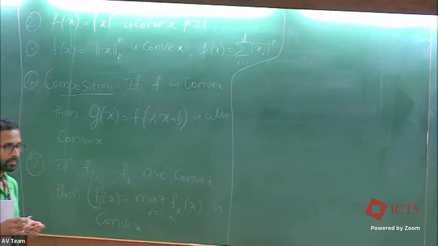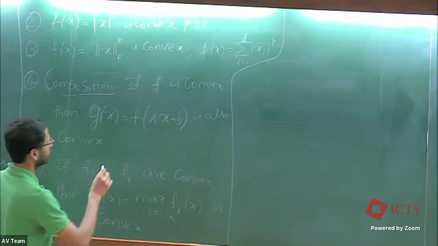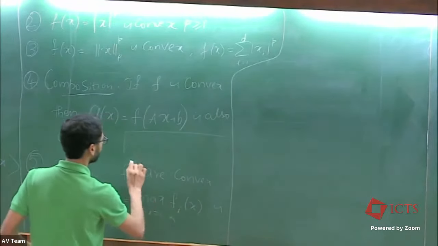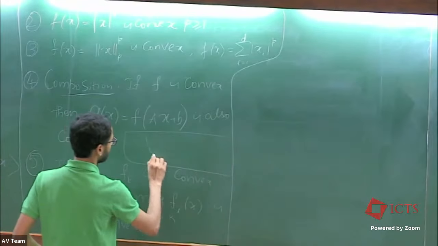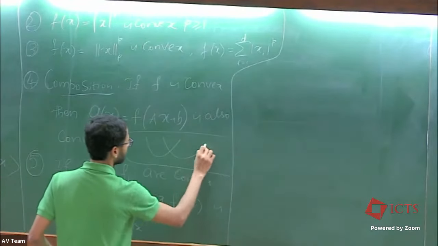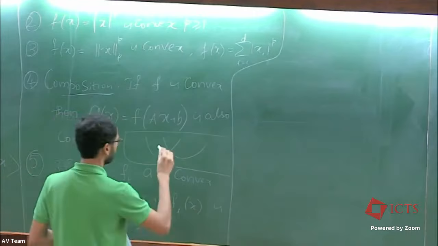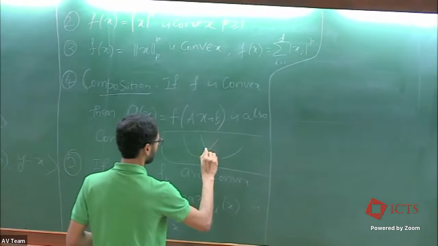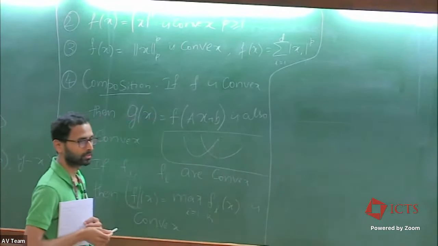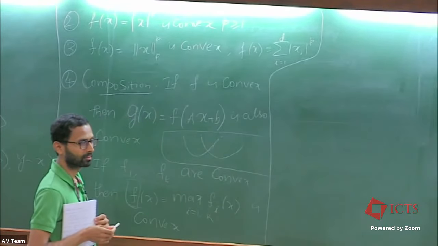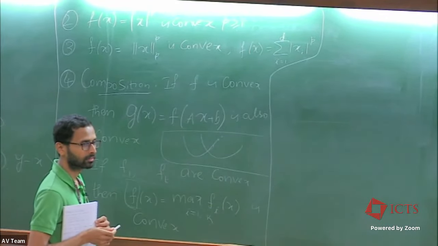This is just the upper envelope, right? So it need not have a single minimum. If you have something like this and then something like this, the maximum will be this one. Okay, now it's clear. Thanks.